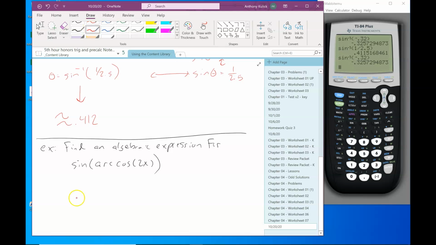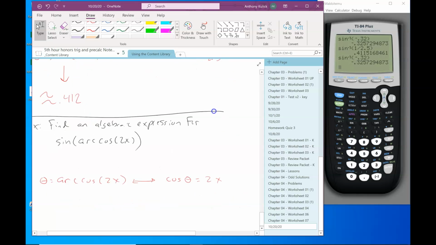So I'm going to start with the inside part. If theta is equal to arc cosine of 2x, that tells me that cosine of theta is equal to 2x.